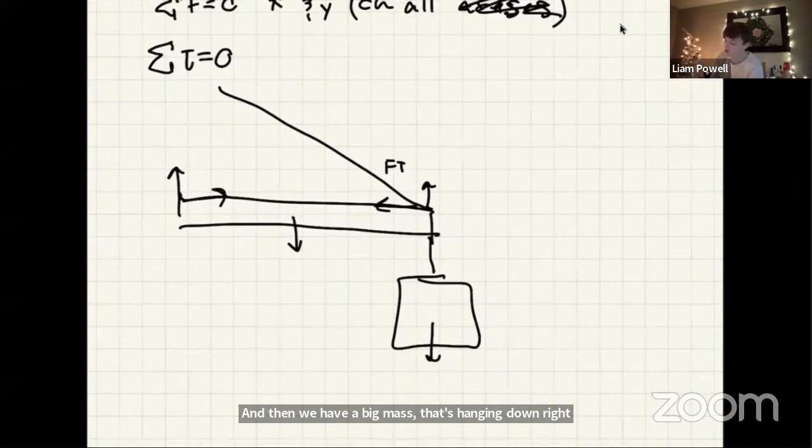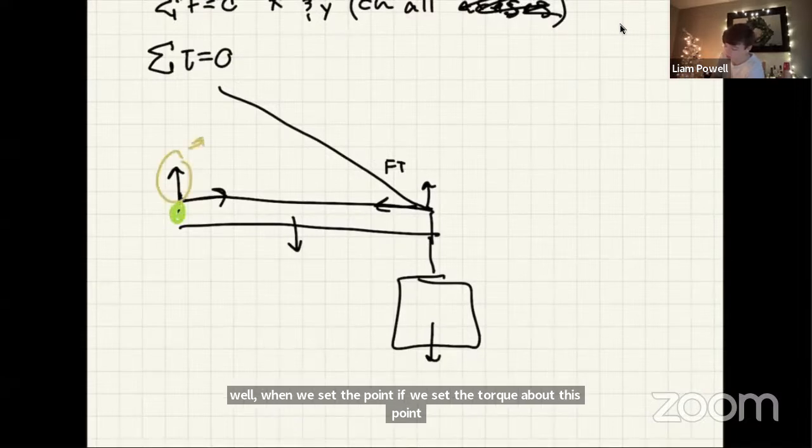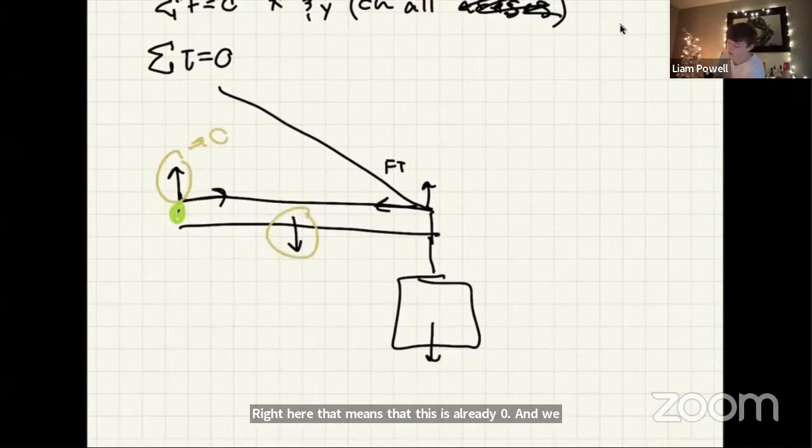When the tension is equal to 0, that means that if we set the torque about this point right here, this force is already 0. We can calculate this by finding its distance times that force, distance times that force up, and then distance times this force down.